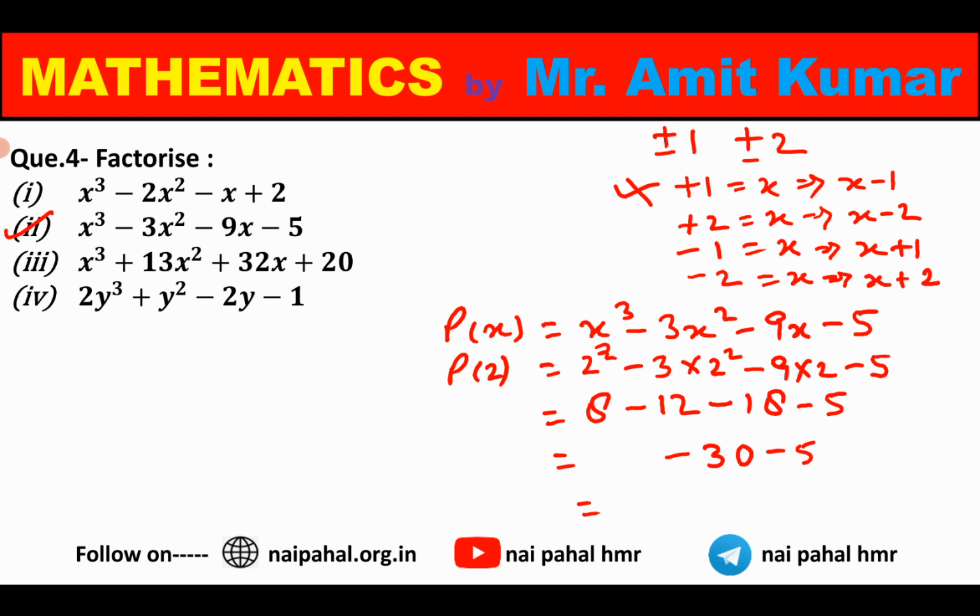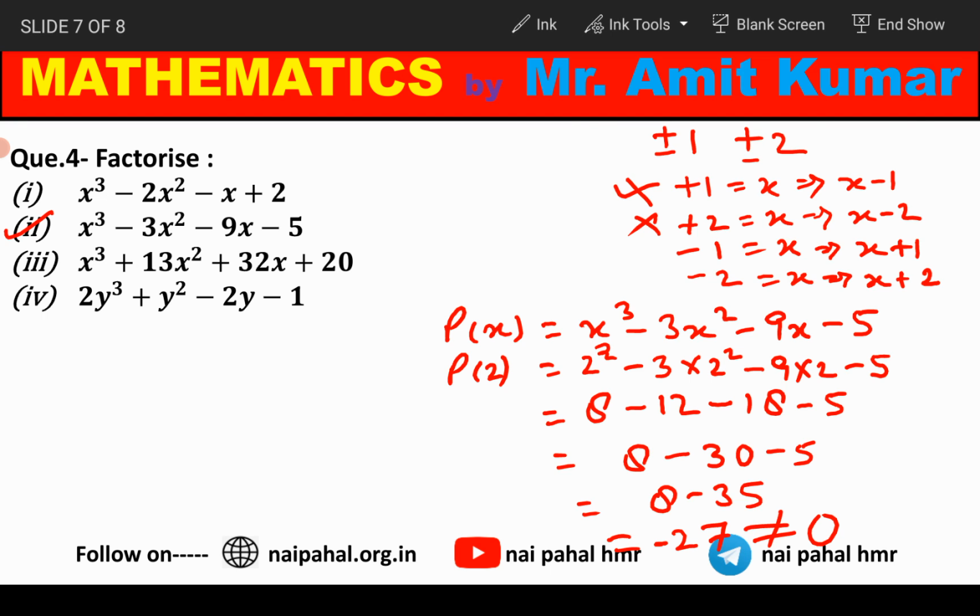So in the next case, let's check which one satisfies, and we will check the first term first. Px is taken as the given polynomial, x cube minus 3x square minus 9x minus 5. So here we are going to use 1.